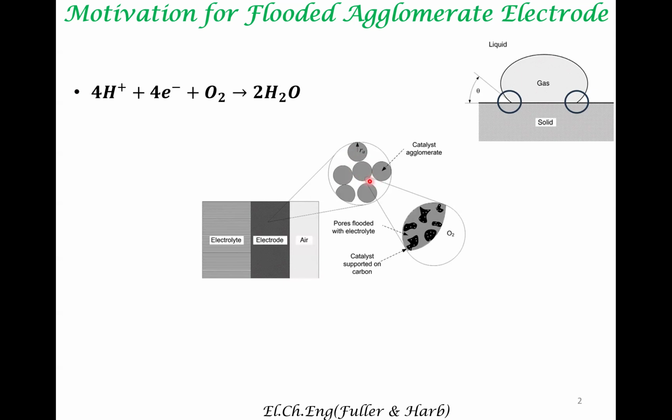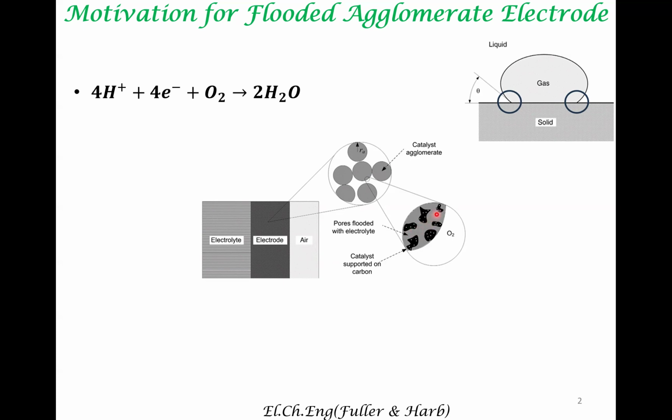And if you still amplify a small part of this catalyst particle, it itself has interconnected electronic conductors. These darker regions can be like a carbon filler and so on. So they are interconnected electronic conductors, and they also have interconnected channels for conducting ionic species.